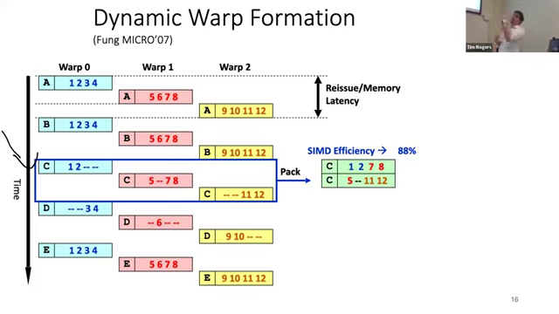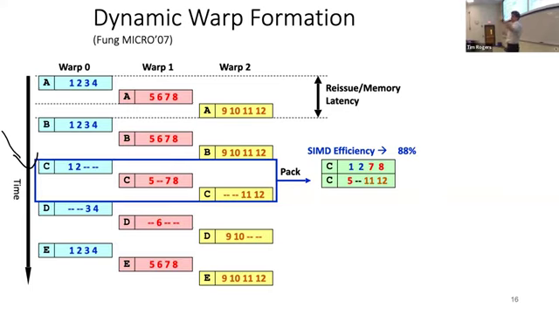Now, the point of this paper, this dynamic warp formation paper, and about 100 other papers after it, the loose idea of what they were trying to do was to take a look at all of the warps in the system. In one particular warp, maybe some threads are going one way and some threads are going another, so I have to mask them off. But what if I considered all the warps that are on the core, and they're all executing the same code?